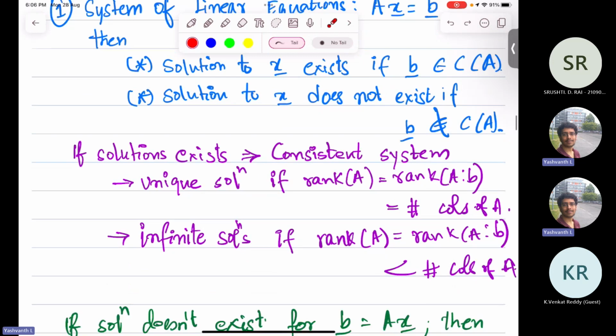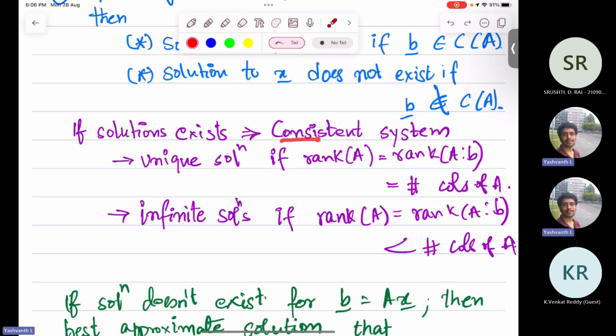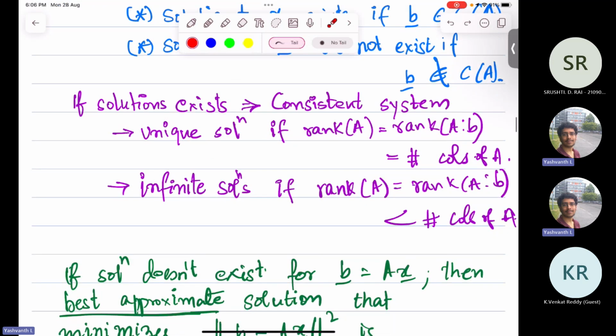In this regard, we saw what a consistent system of equations is. If a solution exists, then the system of linear equations Ax = b is said to be consistent, that is, there is a solution. In that case, we saw two categories, namely unique solution and infinitely many solutions.